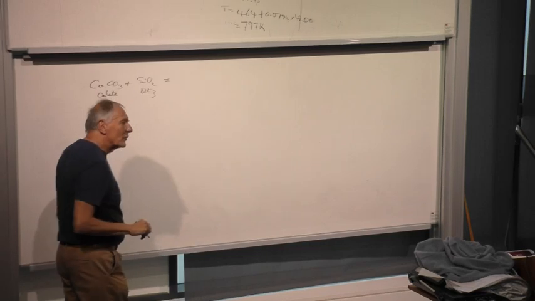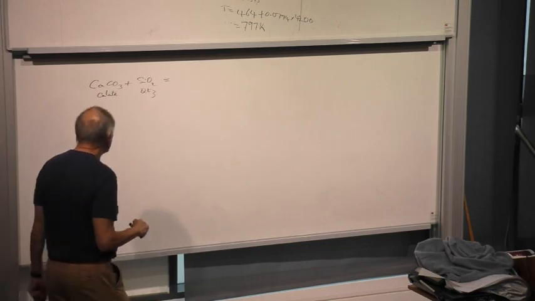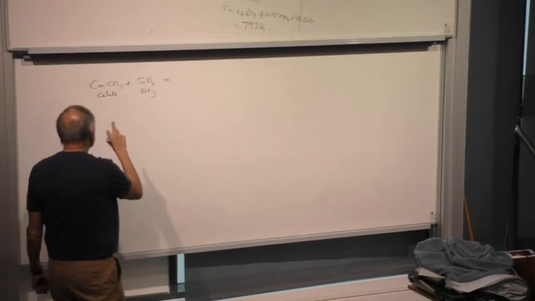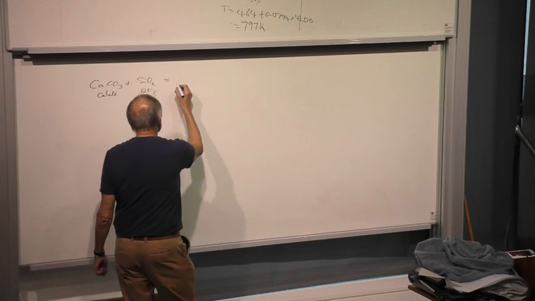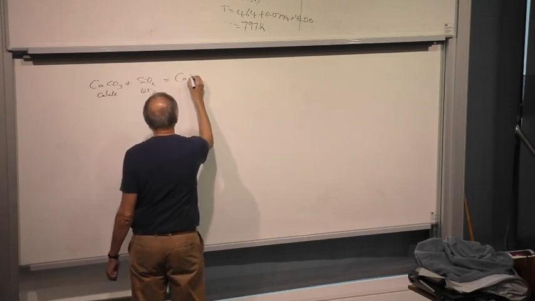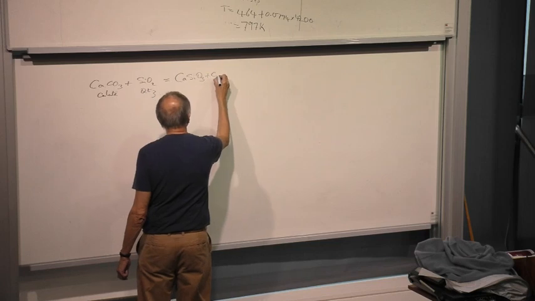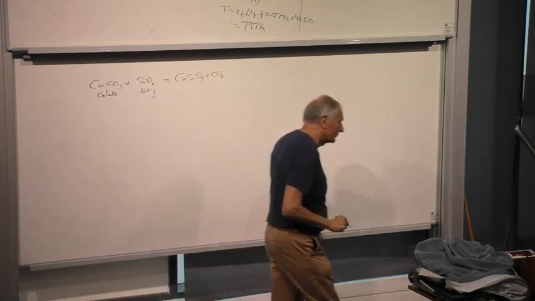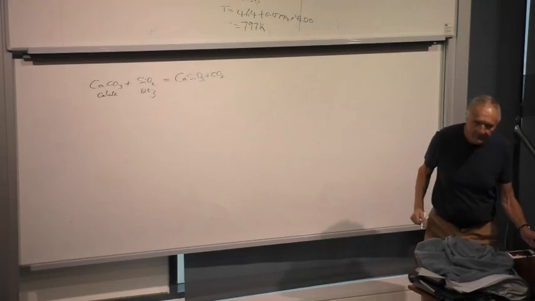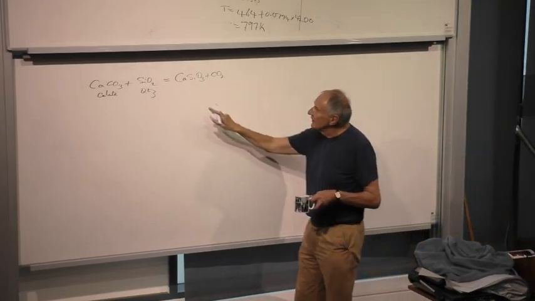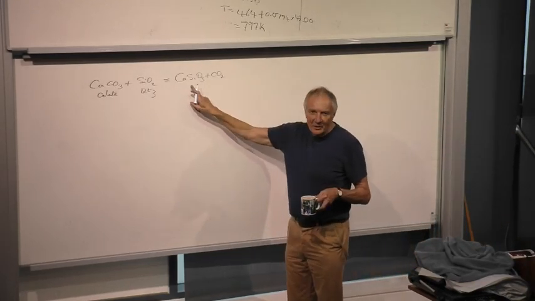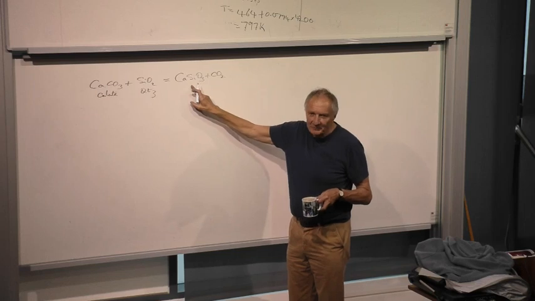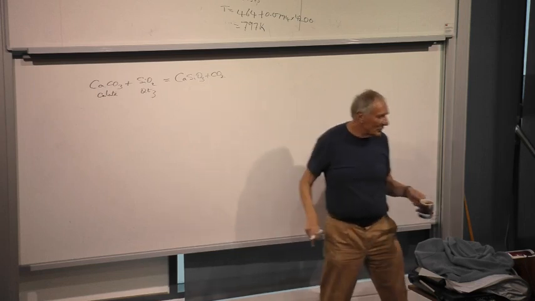And in metamorphosed limestones, impure limestones with some quartz in them, these will react to make a calcium silicate and evolve carbon dioxide. So this is not a pyroxene, it looks like one, but it's what's called a pyroxenoid.